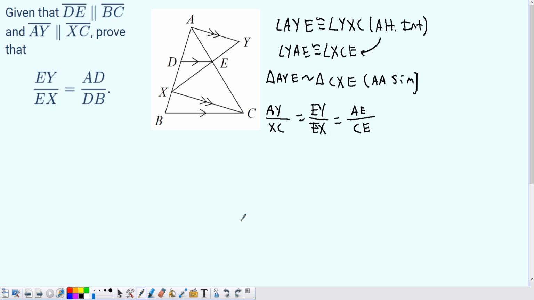Well, we have two other parallel lines, DE and BC.